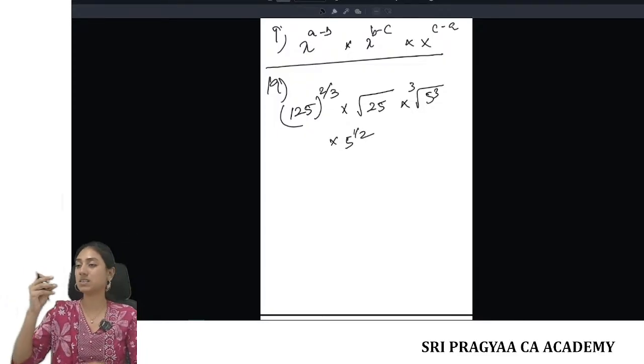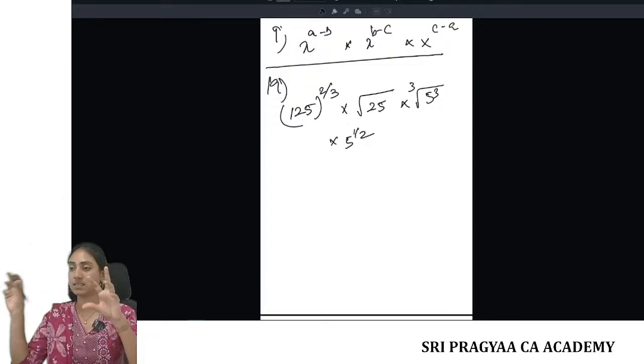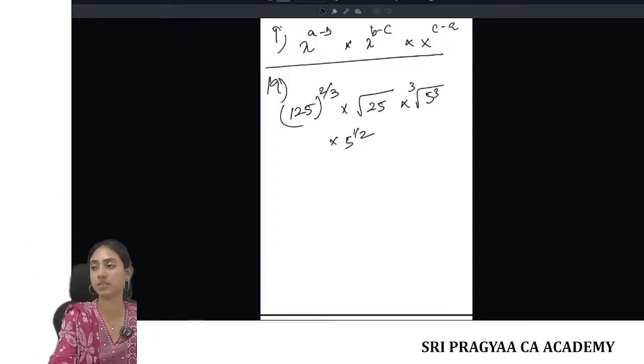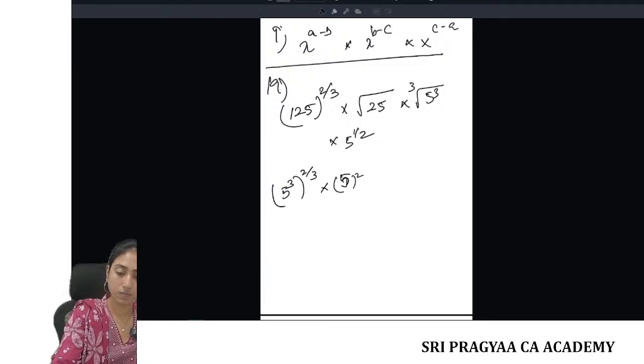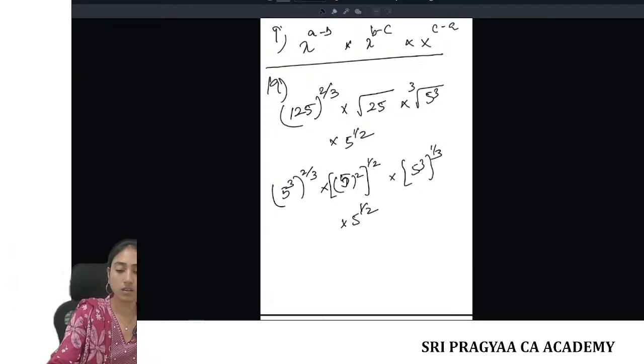So again, try to change everything in the base is the same. Okay, if you notice, 5 is common in everything. Okay, so 125 is 5 cube. Okay, into right.